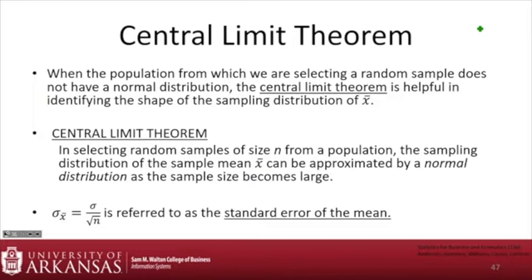For our central limit theorem, basically what it says is when we start selecting a bunch of different samples from our population, and we start plotting the means, then once we have about 30 of them, it's going to start to be approximated by this normal distribution.